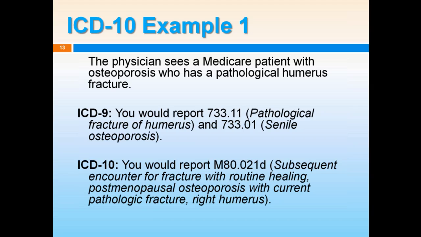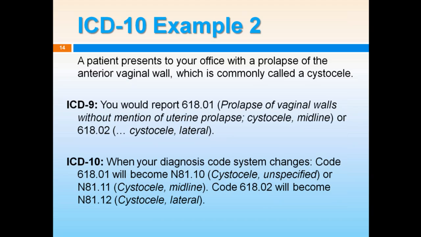Let's try another example. So here's an OBGYN example. A patient presents to your office with a prolapse of the anterior vaginal wall, which is commonly called a cystocele. So in ICD-9, you would report 618.01, prolapse of vaginal walls without mention of uterine prolapse, cystocele midline, or 618.02, cystocele lateral.